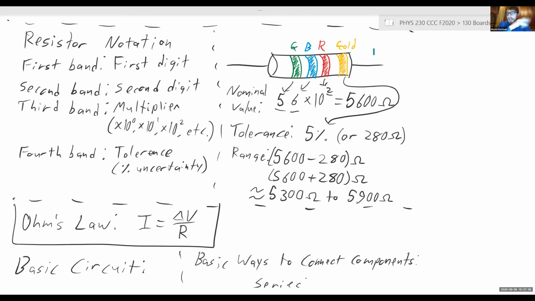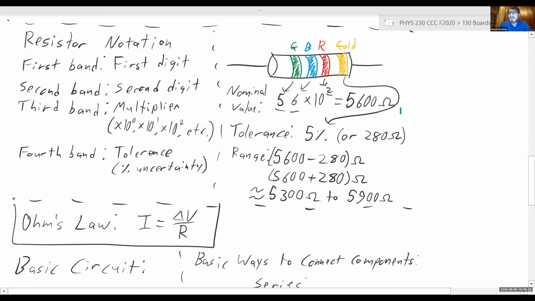It's a blue band. We can look at our table, see that it corresponds to a 6. And finally, we read off the red band and see that a red band as the third band corresponds to multiplying by 10 to the second, or multiplying by 100. So we take 56 and multiply it by 100. We get a nominal resistance of 5,600 ohms.